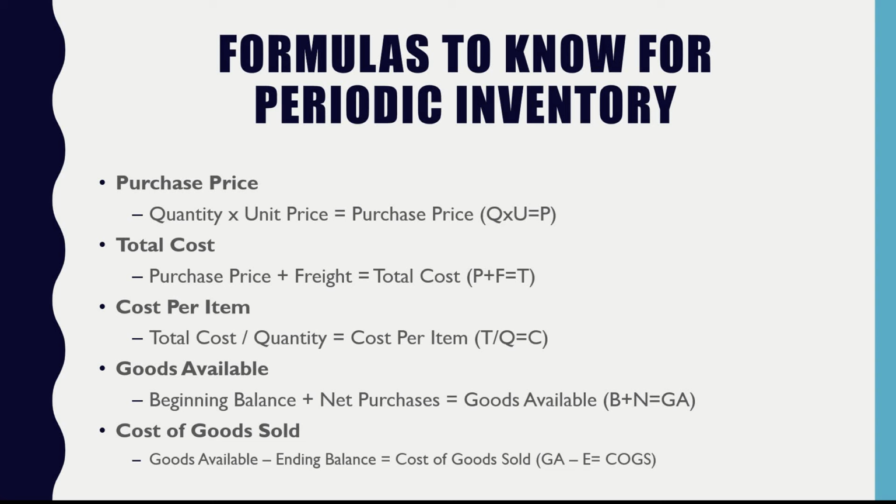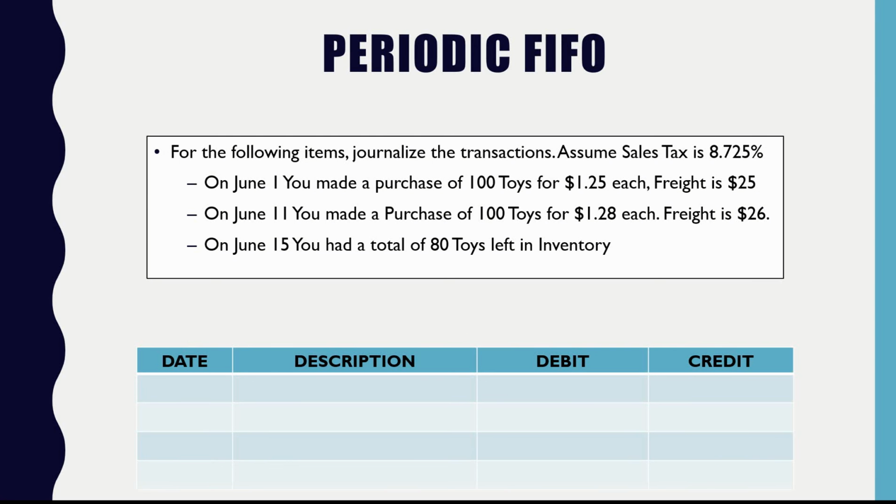All right, so these are formulas that you will be keeping in mind. So if you are using Excel, you can practice this with us, as well as save these formulas into your workbook.